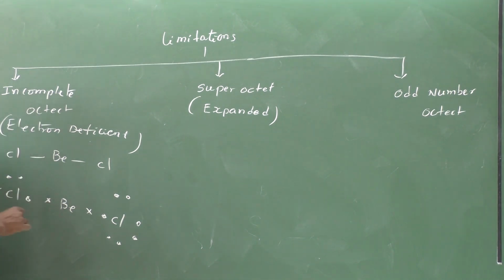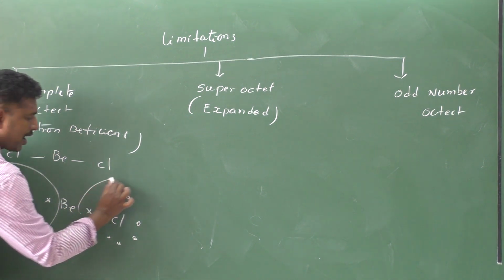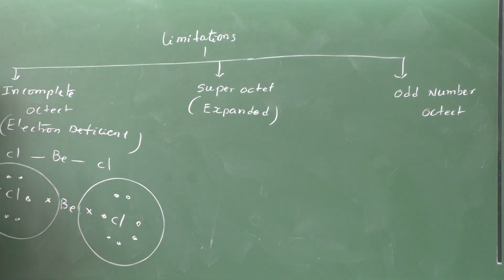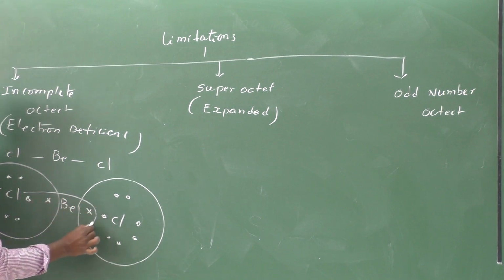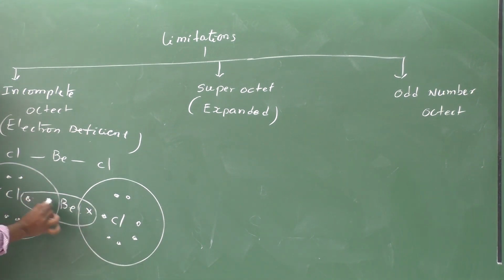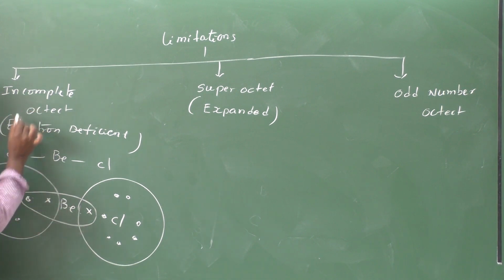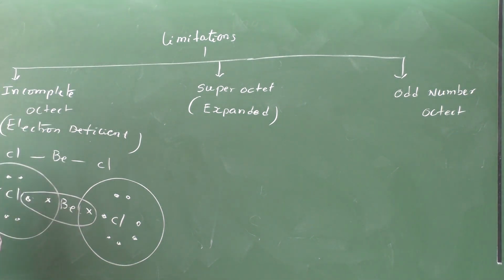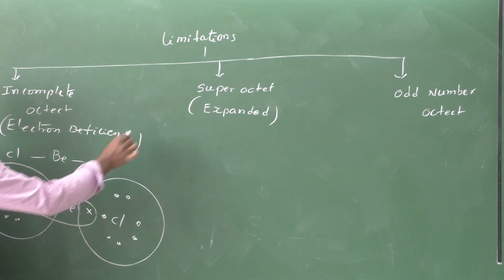Each chlorine has 8 electrons, but beryllium has only 4, two bonds of 2 electrons each. It does not complete the octet; it is an incomplete octet. Therefore, BeCl2, beryllium chloride, is an example of an electron deficient molecule.